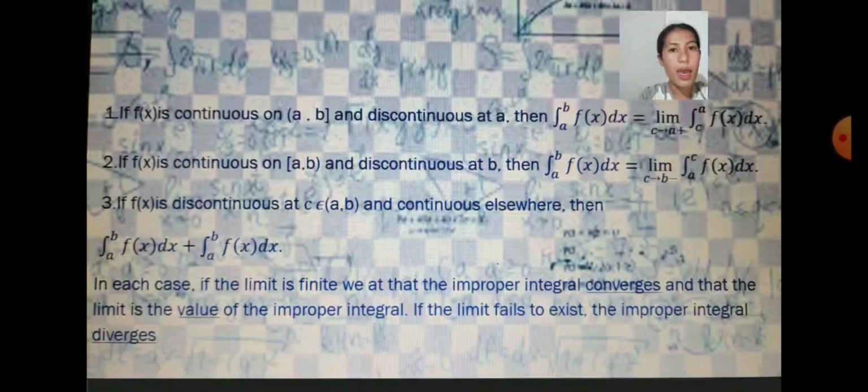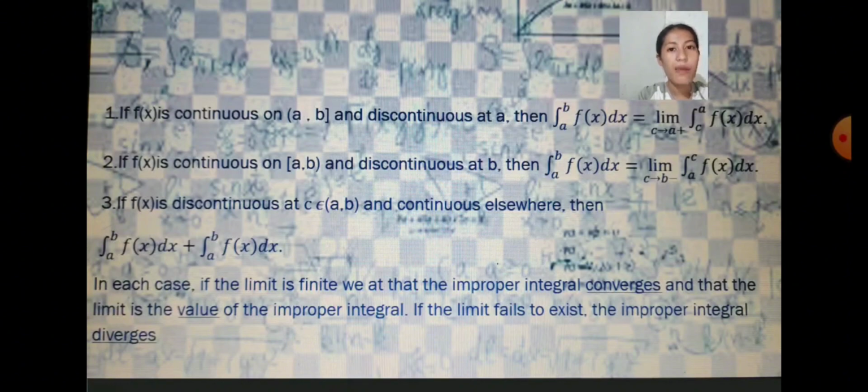And second, if f(x) is continuous on [a, b) and discontinuous at b, then the integral of f(x) dx from a to b is equal to the limit as c approaches b from the left of the integral of f(x) dx from a to c.